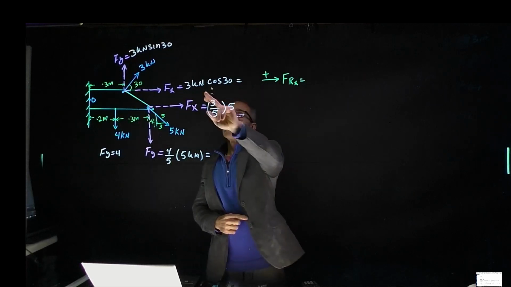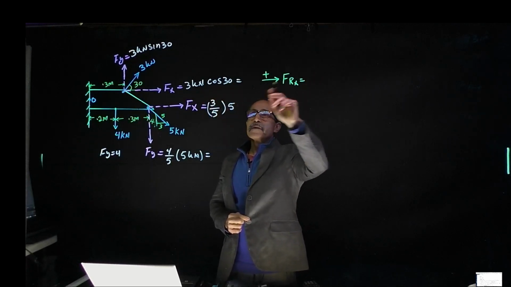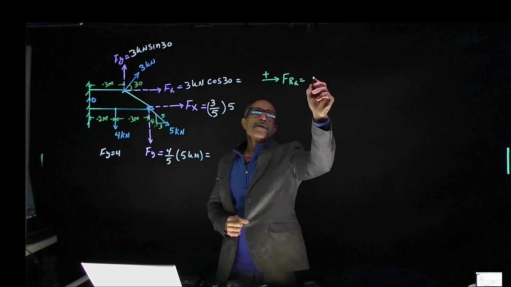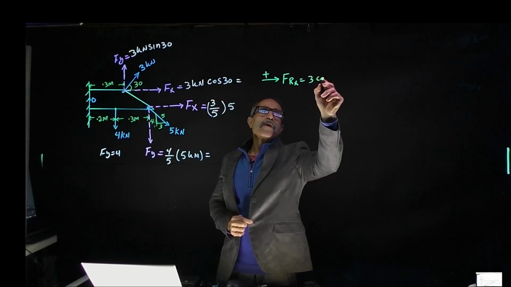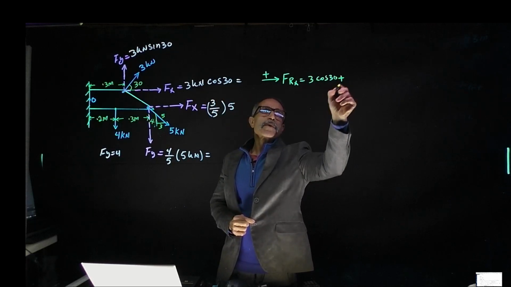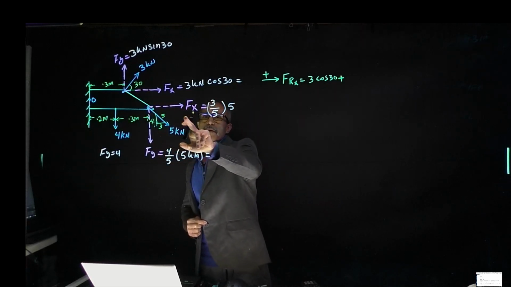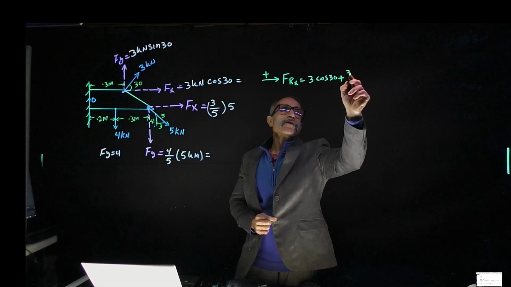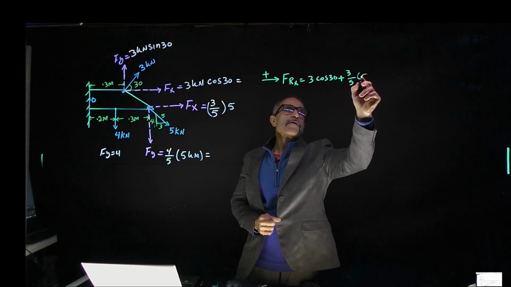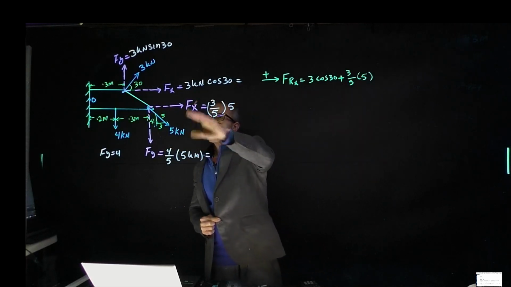It's going to be 3 kilonewton times cosine 30, so 3 times cosine 30, plus, and that was for this one, the component of this one is going to be 3 over 5 times 5. 3 over 5 times 5, and that's it.